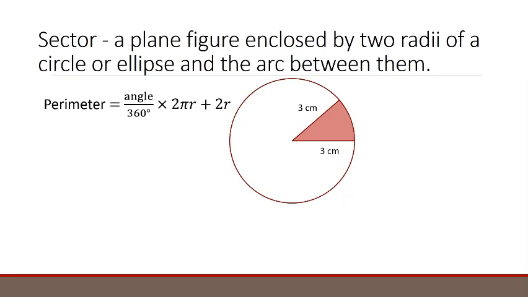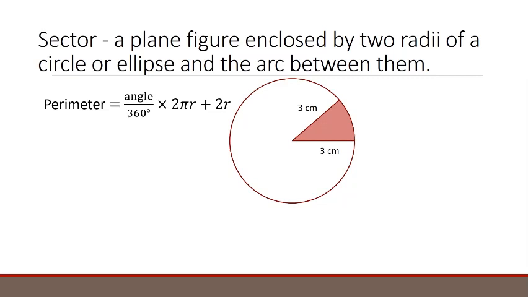So you can see 2 pi r in this formula, but it's a proportion. To find the curved sector, we take the angle of the sector and divide it by 360 degrees, because we know there's 360 degrees in a circle. And then we multiply it by 2 pi r. So we're finding a fraction of the circumference.